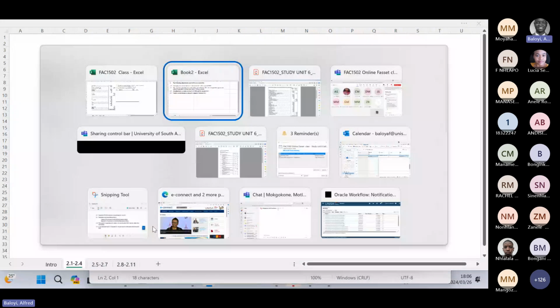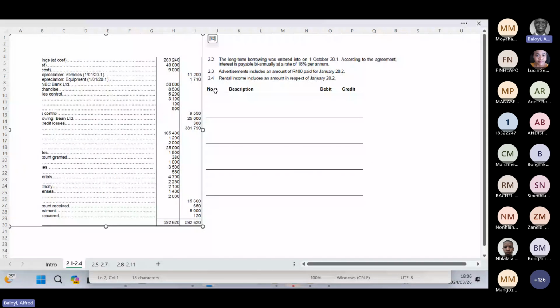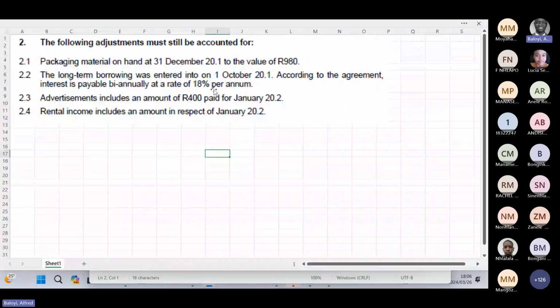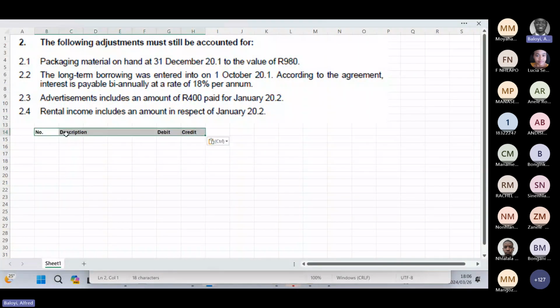And so basically for 2.1, you have packaging material on hand at 31 December 20.1 to the value of 980. What you really need to understand there is what do you do with inventory, with consumables on hand?